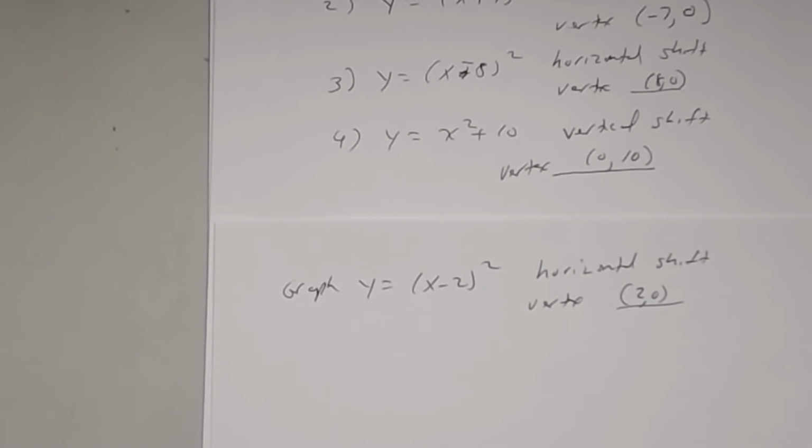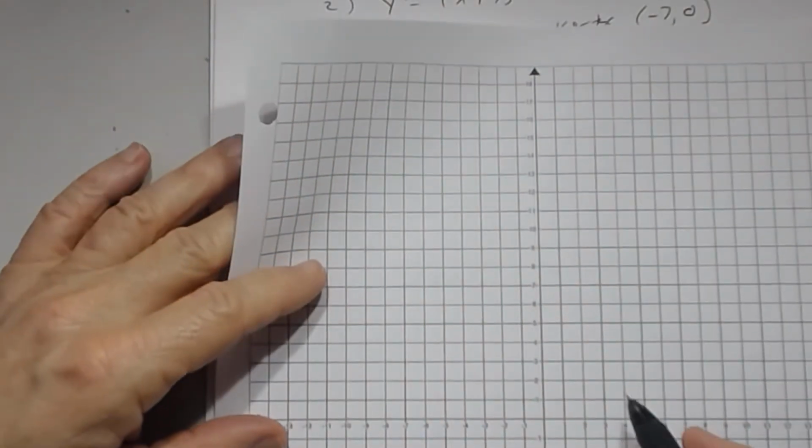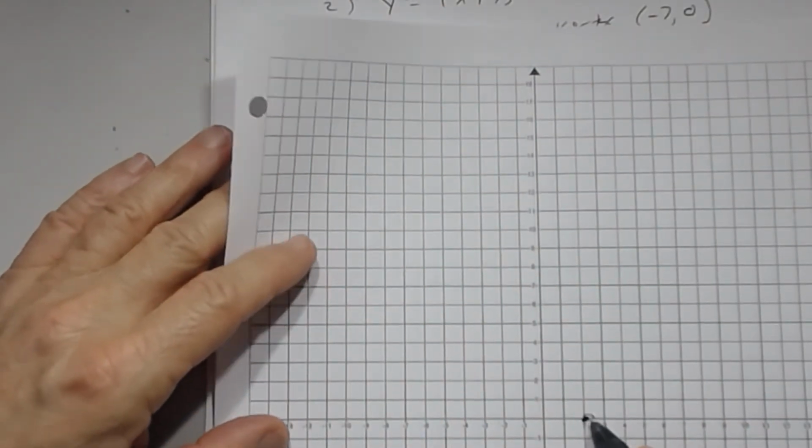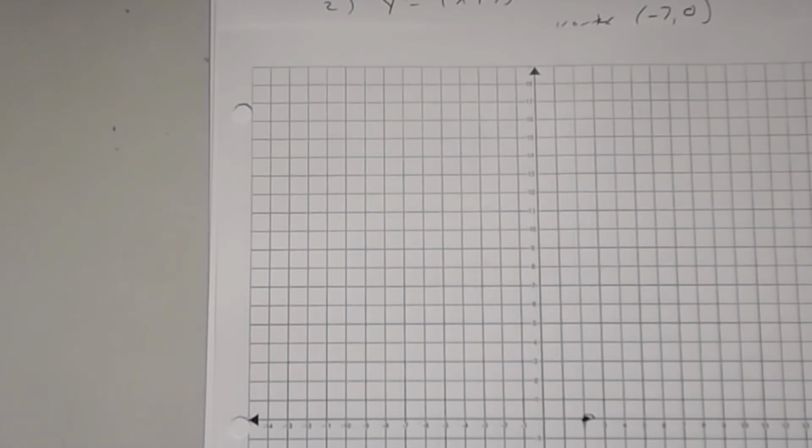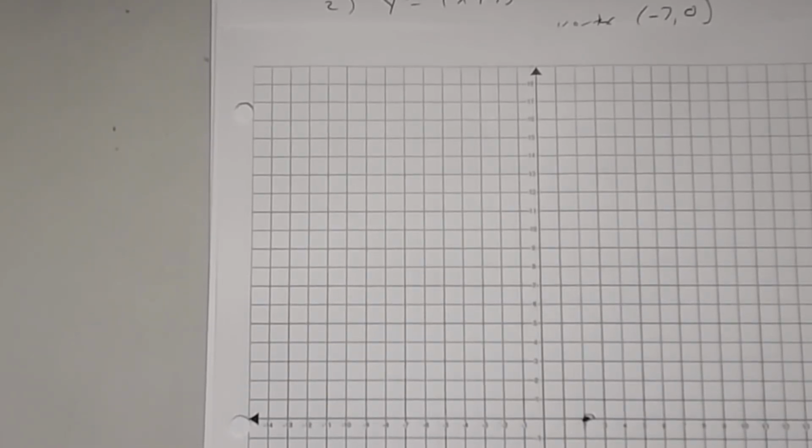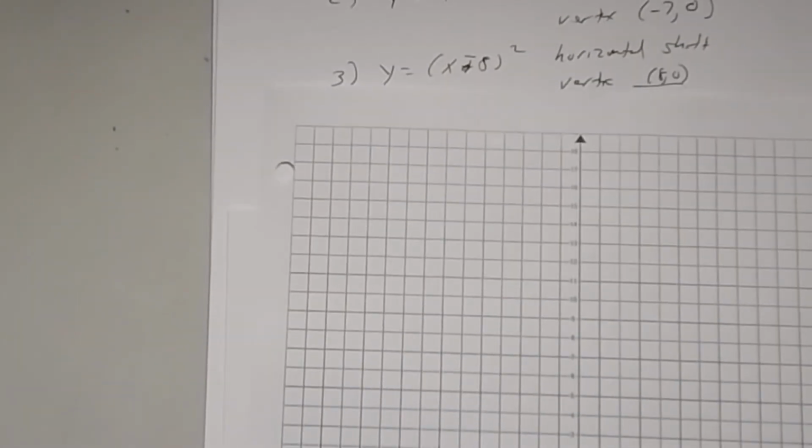You plot that point 2, 0, and then you pick 2 points to the right, 2 points to the left. Now, before you go on, because you could have easily had all this mixed up and said, well, I'm going to go 2 units to the left.